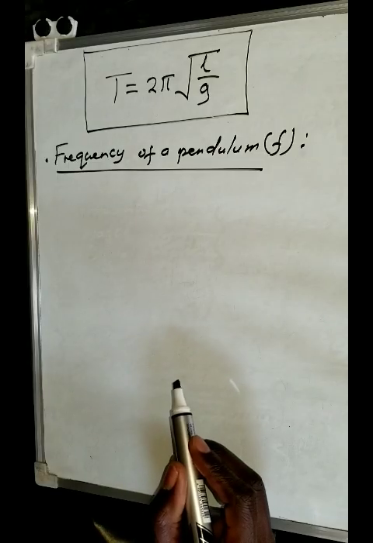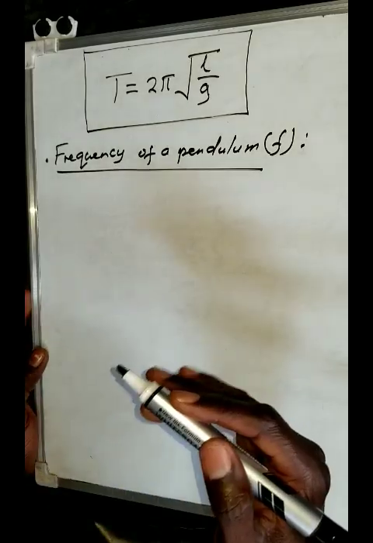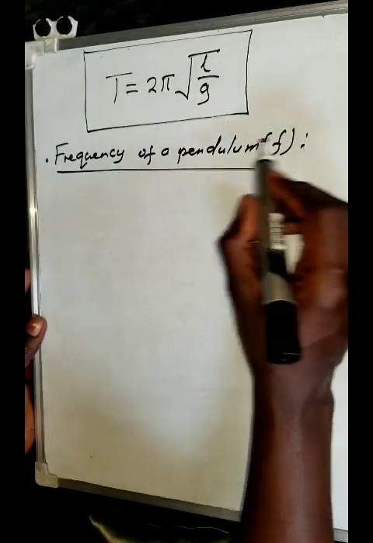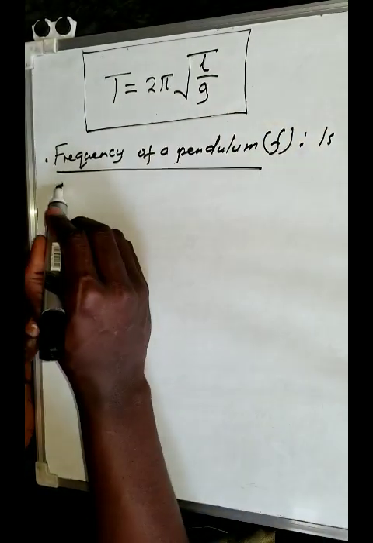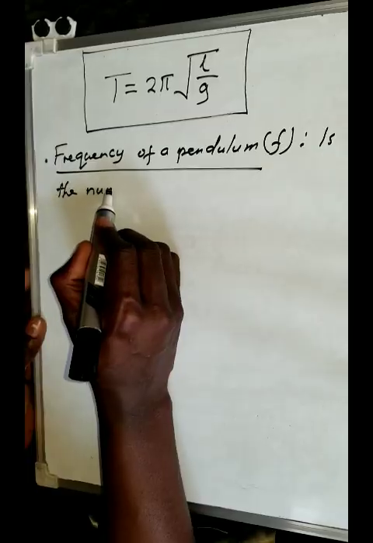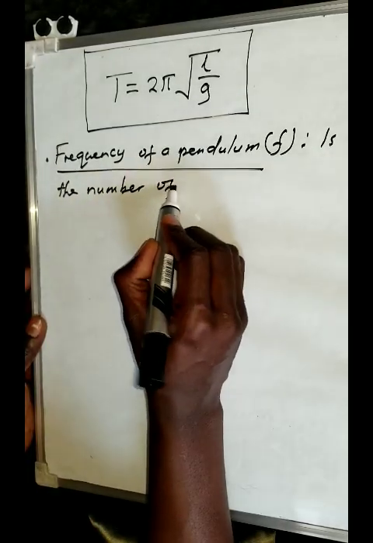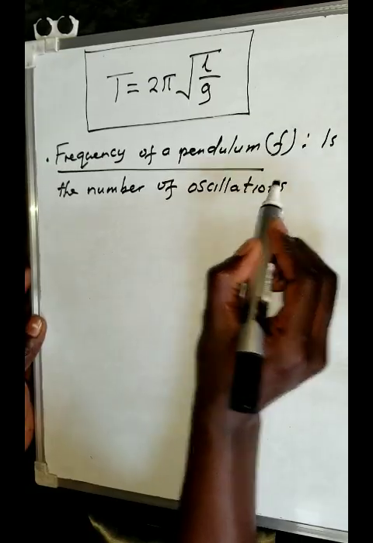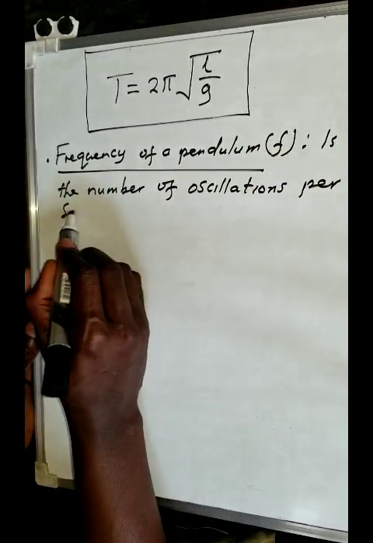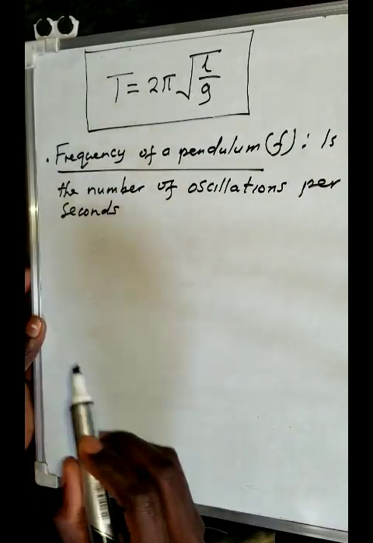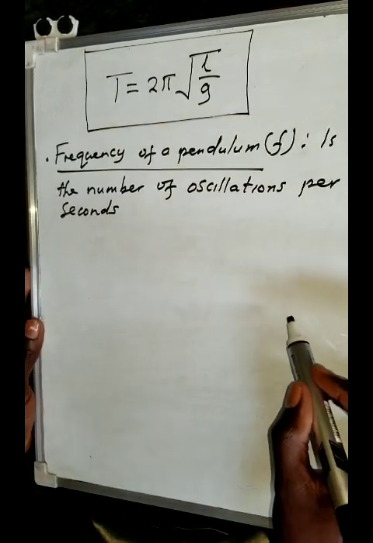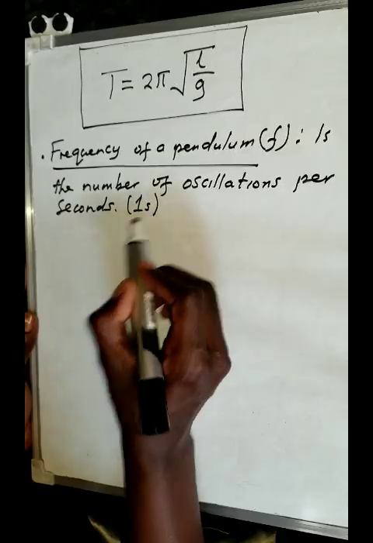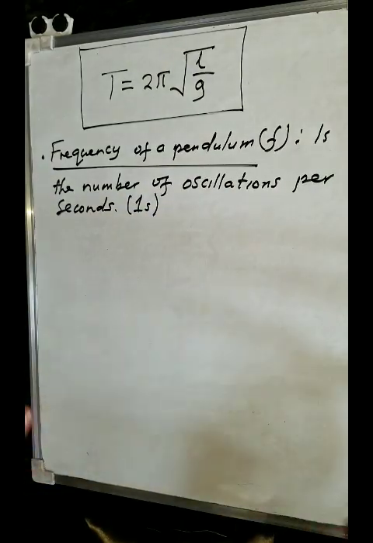Well, the frequency of a pendulum indicates the number of oscillations per second. When I say the number of oscillations, in other words, how many complete oscillations are made in just 1 second.